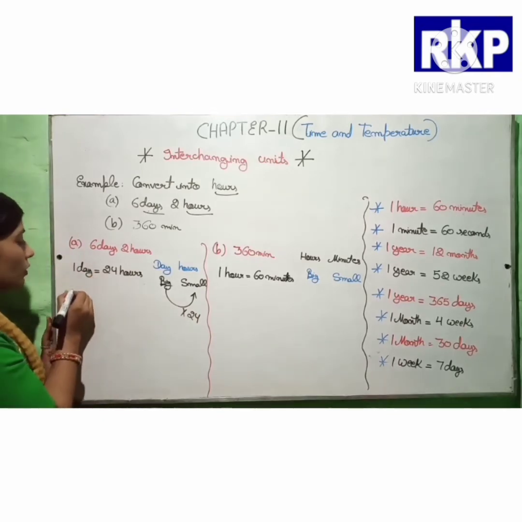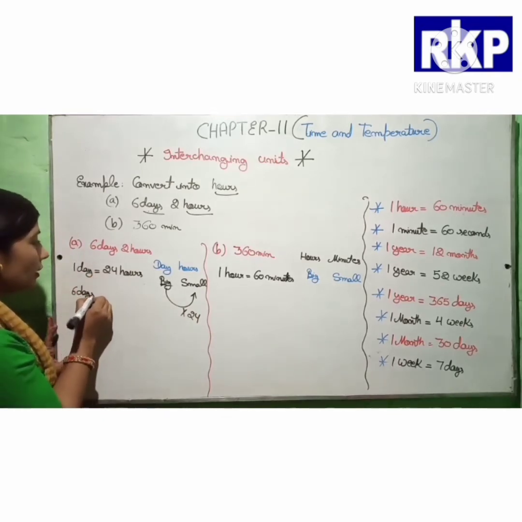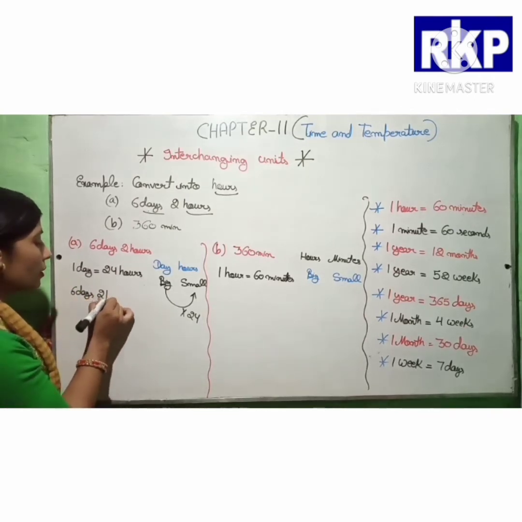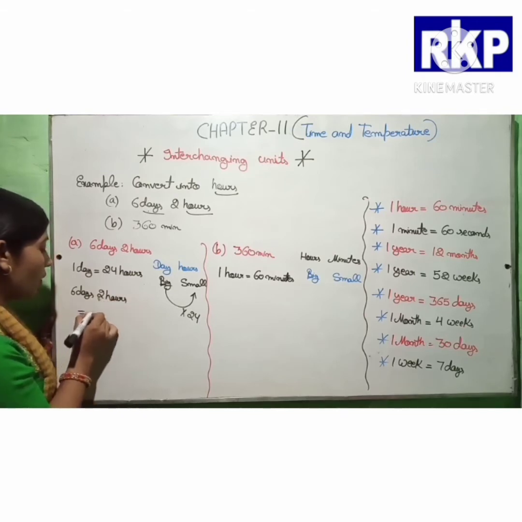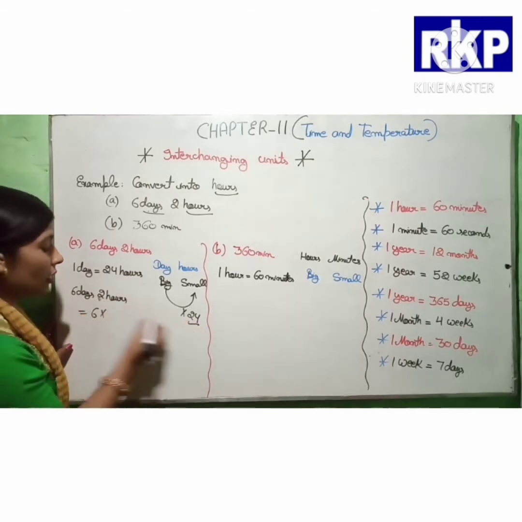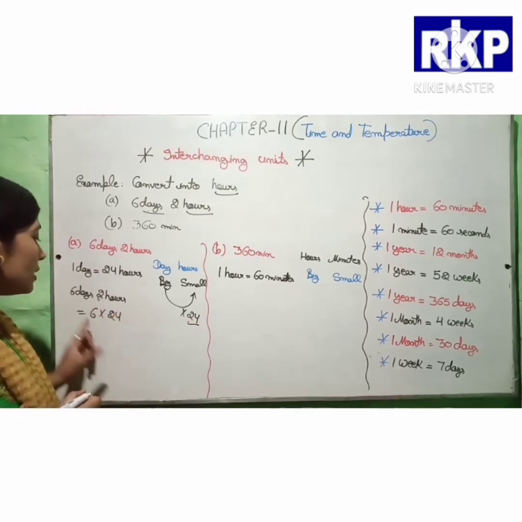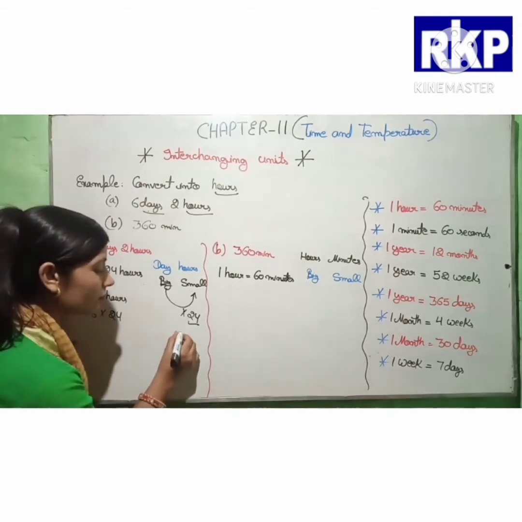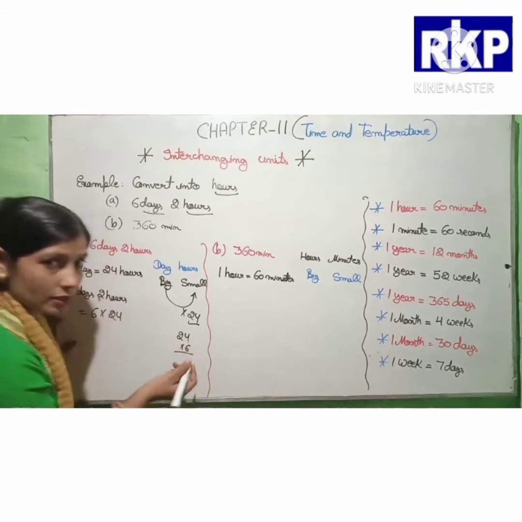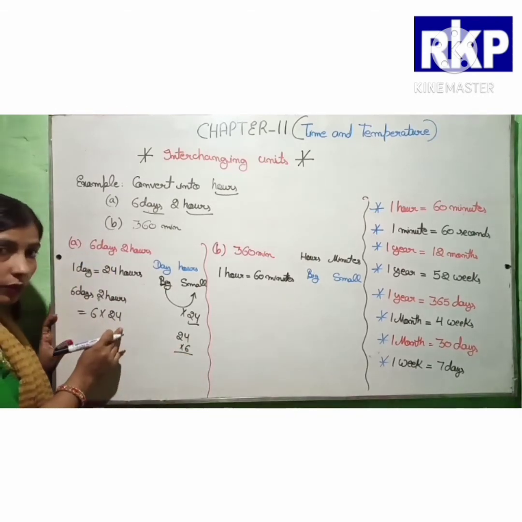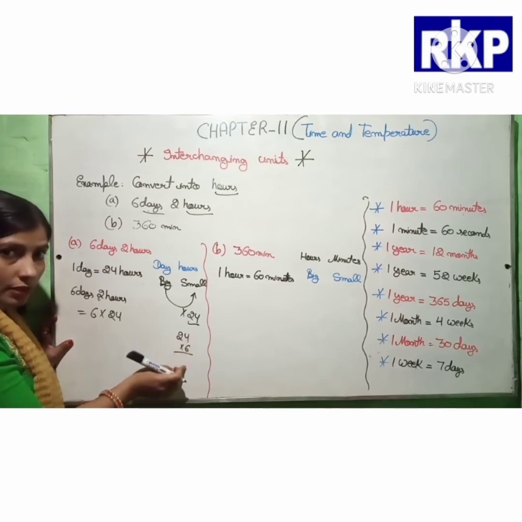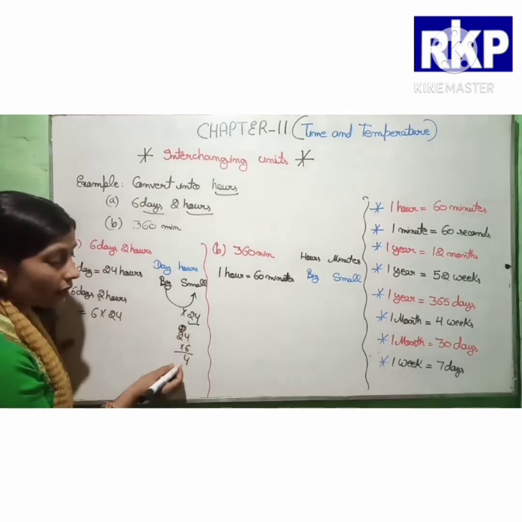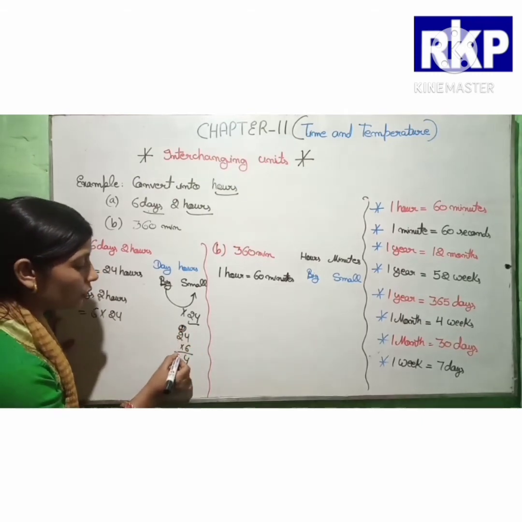So first of all we have to write 6 days and 2 hours as it is. 6 multiplied by 24, because we want to convert days into hours. You can also multiply 24 with 6, because when we multiply 6 with 24 or 24 with 6, we get the same answer. 6 4s are 24, 2 will be carried, 6 2s are 12, 12 and 2 is 14.